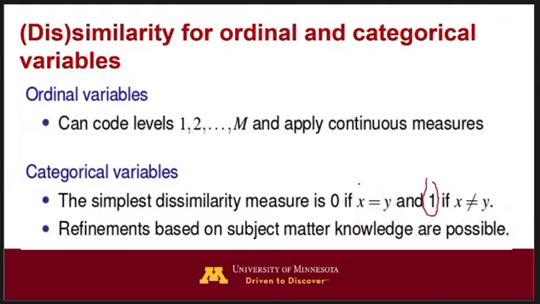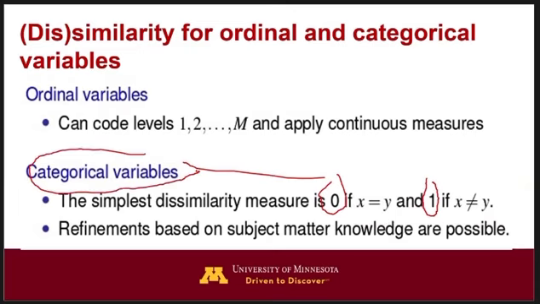We're talking about coding a categorical variable. It's either two variables are similar or not. If they are similar, we're going to code it as zero, which means there's no difference. If they are not similar, we're going to code it as one.